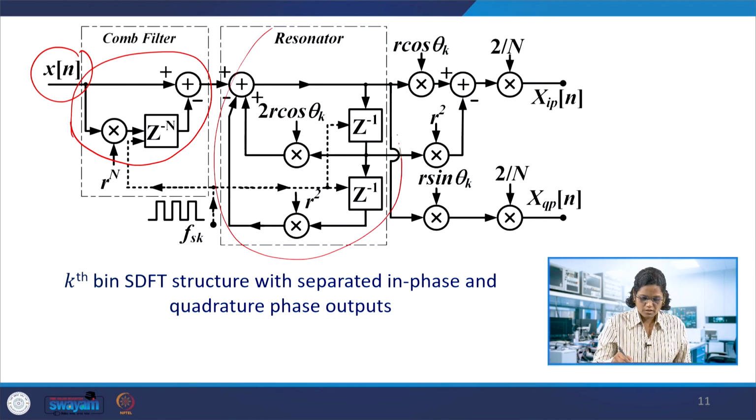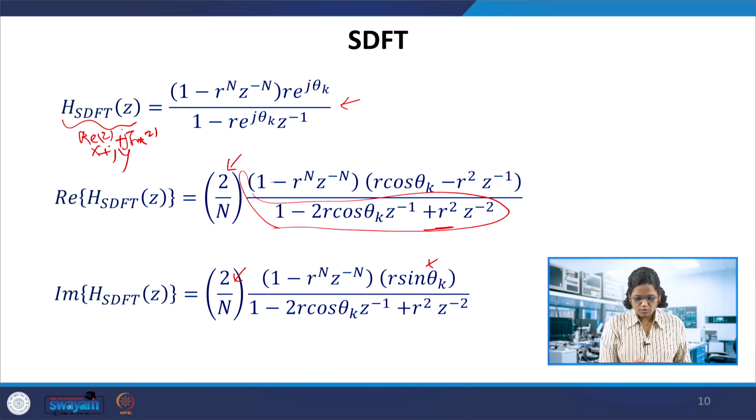This is the resonator with r cos theta k, two delays, one is r square here, and r cos theta k and r sin theta k, r square, this comes from here.